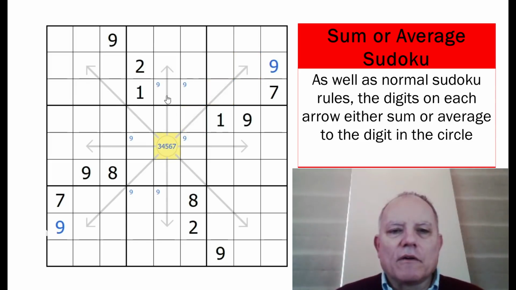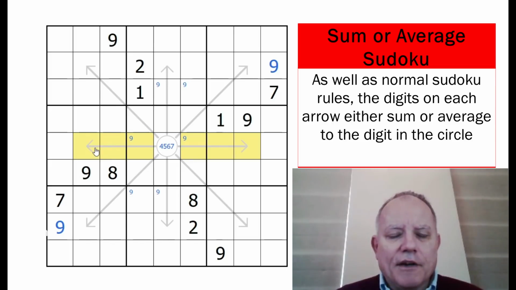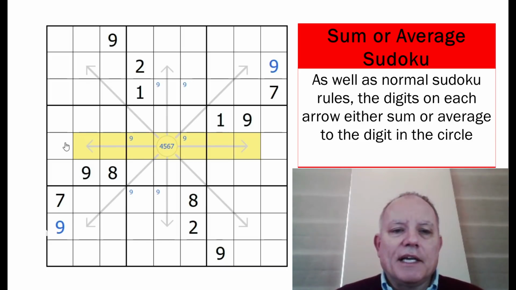I mean, especially along the straight lines. The same's true of 3. That's impossible. They couldn't average to 3. Even if both sets average to 3, you'd have 9 plus 9 plus 3, 21. You'd need another 24 outside.